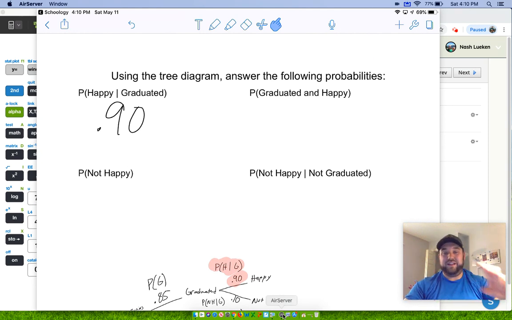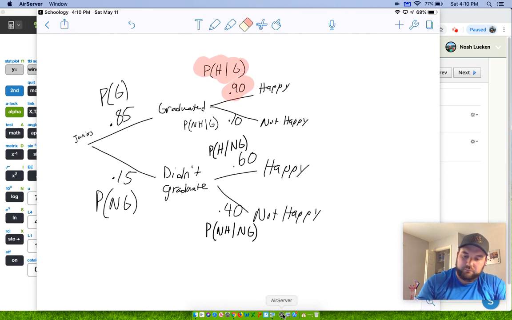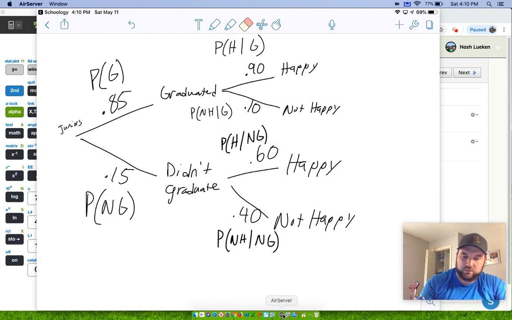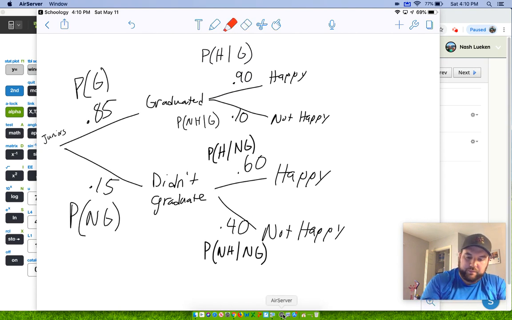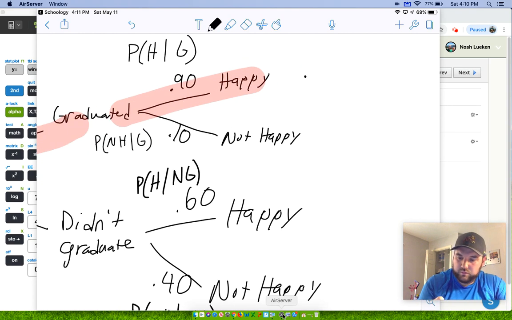So to find the "and" probabilities in a tree diagram, we have to go ahead and multiply the branches together. Okay, so if I want to know what's the probability that someone graduated and they're happy, I'm going to take the 0.85 and the 0.90 and multiply those together.